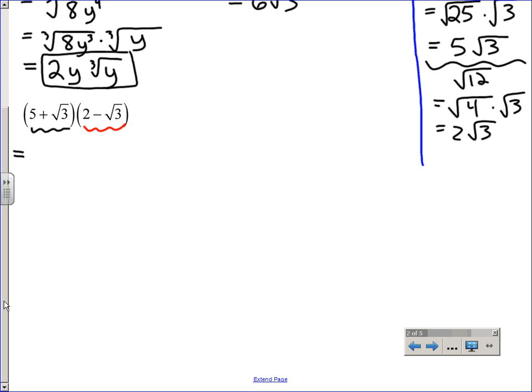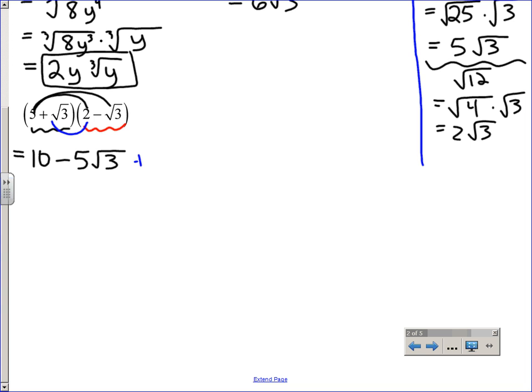So I'm just going to start with the 5, and I'm going to multiply first 5 times 2, which is 10. Then I'm going to take the 5 and multiply it by negative square root of 3. Well, the 5 is not under a radical, so it stays outside. Square root of 3 stays just like it is. There was a negative in front, so it's minus. Now I'm going to simply multiply the square root of 3 over here times 2.